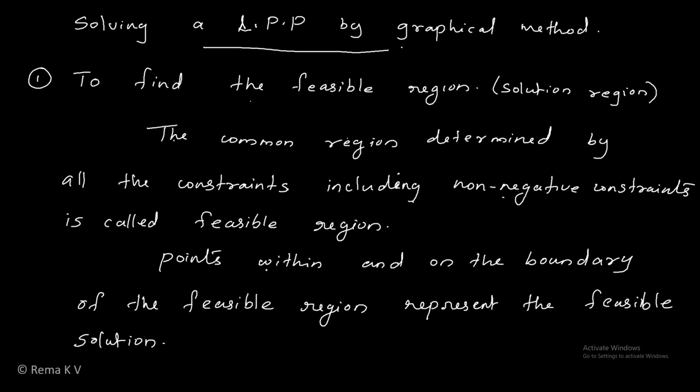You have to be familiar with these terms: feasible region, then the feasible solution, the points within and on the boundary of the feasible region are called feasible solution.